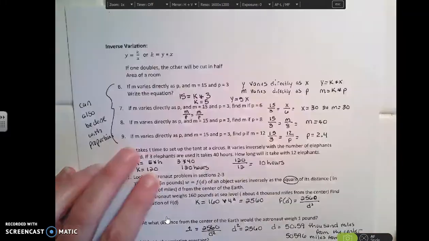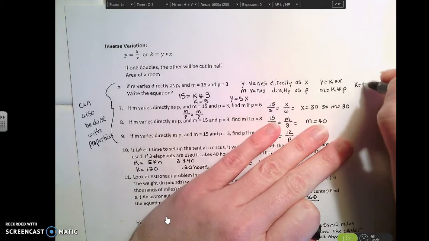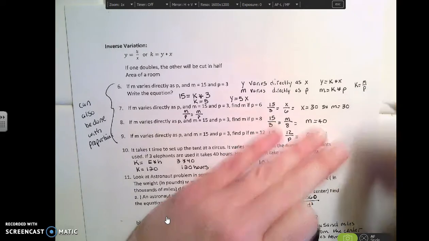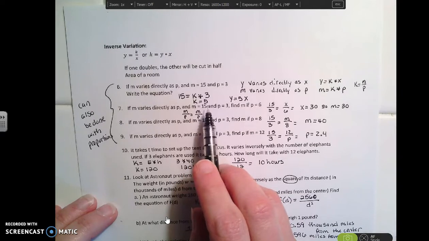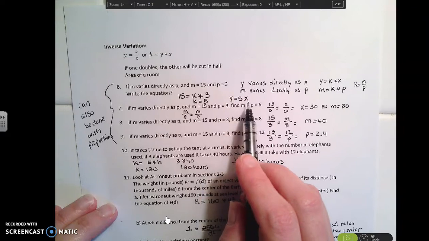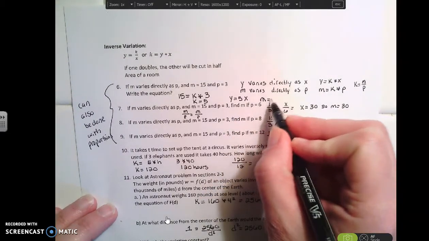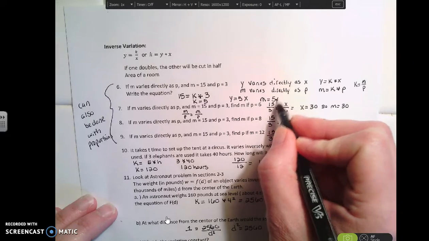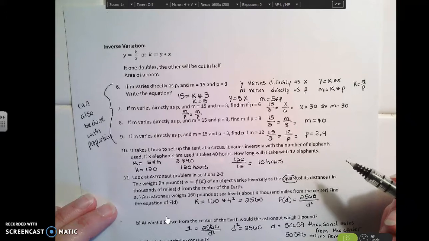So my constant of variation can be found by taking k equals m divided by p. And we end up with a k value of 5. And then I can write my equation, y equals 5 times x, or I can even write m equals 5 times p. So it depends on which way you want to look at it.